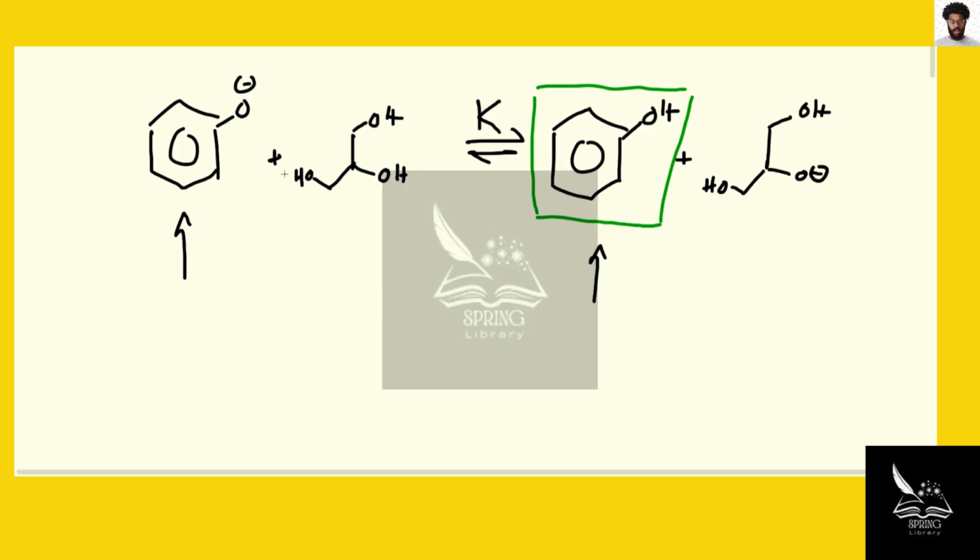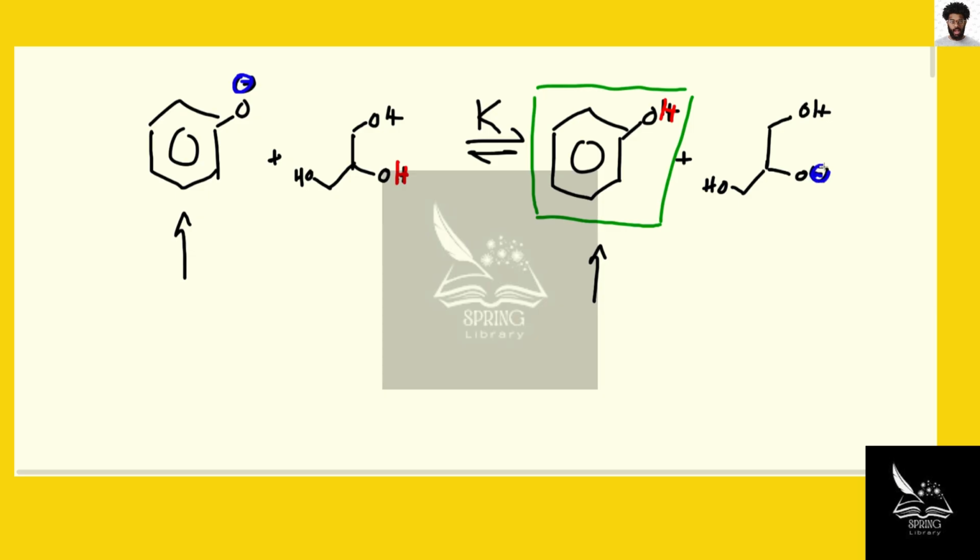Right, so the transformation we're showing is the transfer of this proton from glycerol to here. So maybe let me draw that in red. This proton gets transferred here. And you can kind of think of it as this negative charge getting swapped as well.